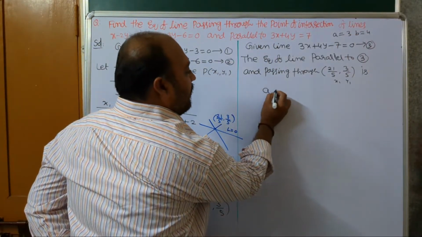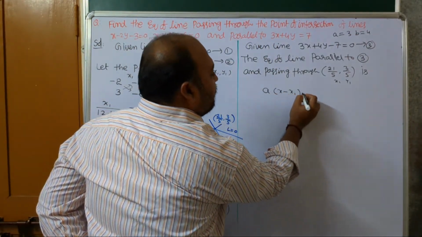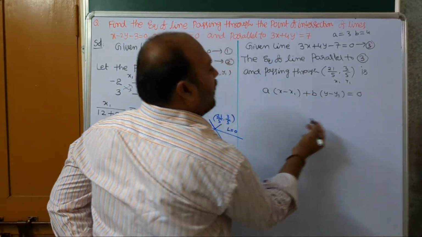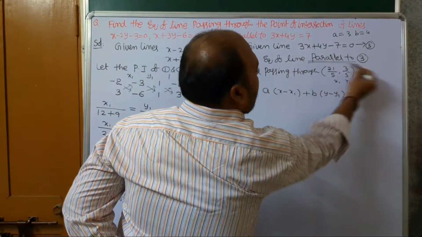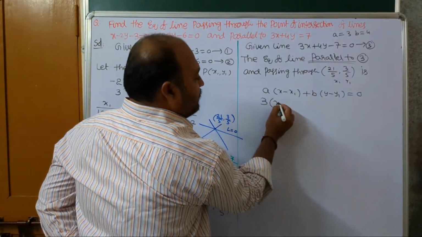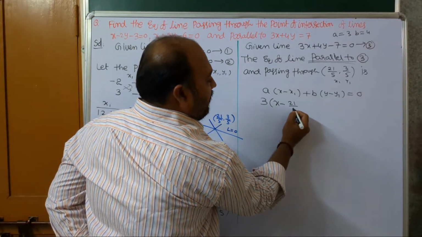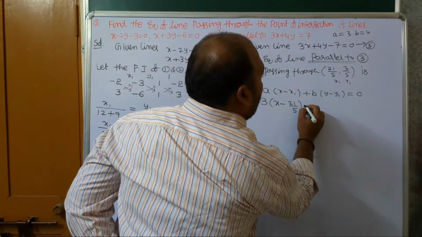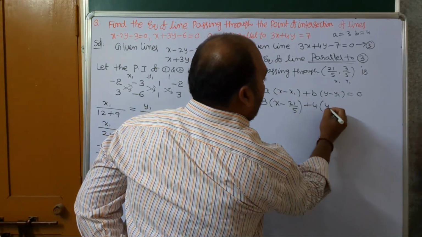I am writing the formula: a into x minus x1 plus b into y minus y1 equal to 0. Parallel line means a value 3 into x minus x1 value 21 by 5, plus b value 4, y minus 3 by 5.